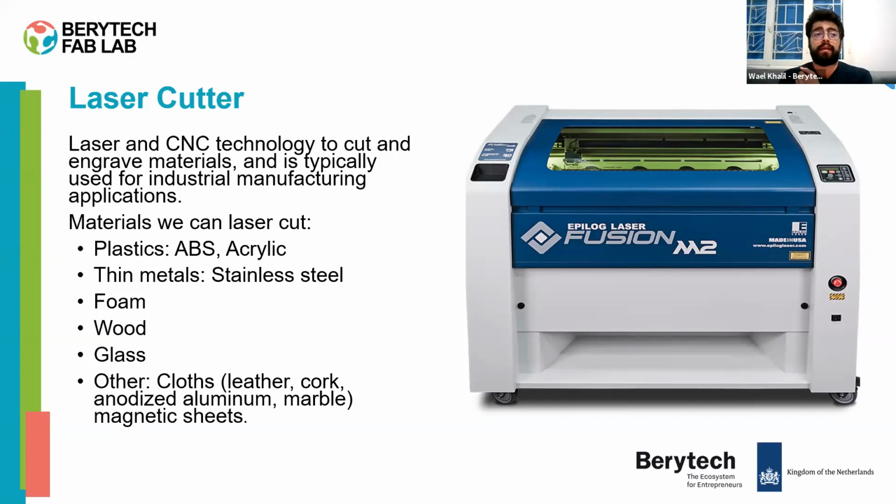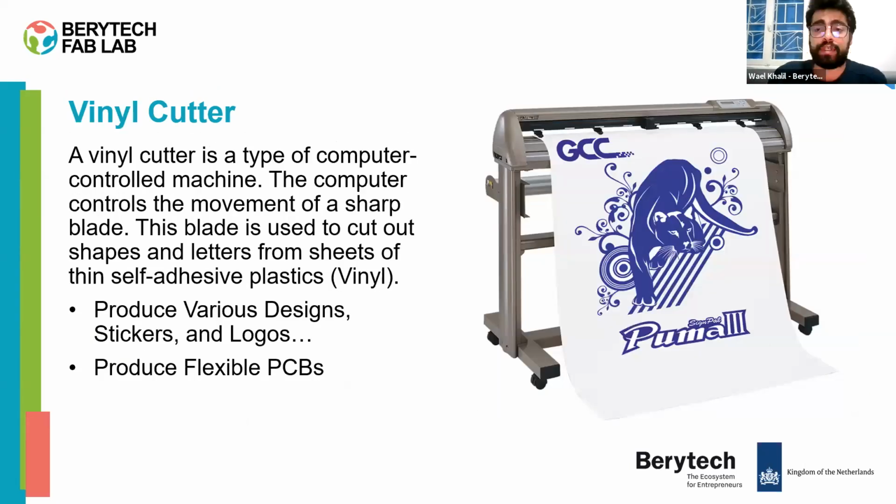We can make boxes, souvenirs, keychains, we can cut cloth, leather, technically anything that is not metallic you can cut on this machine or engrave. Also we make and print stickers in the lab. You can make stickers and logos, and we have a vinyl cutter and a vinyl printer and cutter.